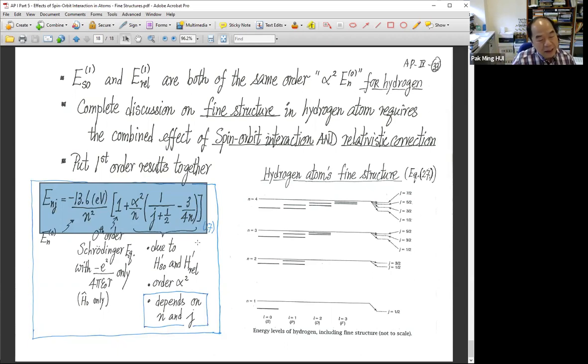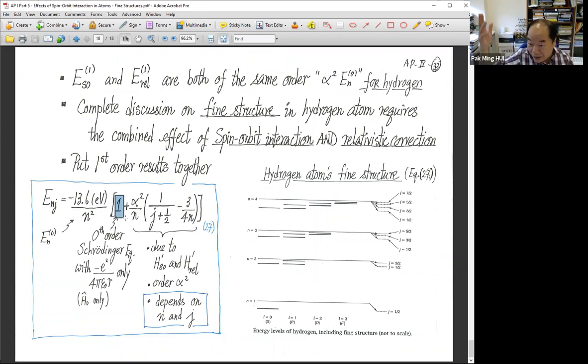So this is the full result from one single particle relativistic quantum mechanical calculation. Let's observe the key feature. You see the prefactor is just the unperturbed energy. That's fine. So the 1 will represent, if you ignore everything, no spin orbit, no relativistic.